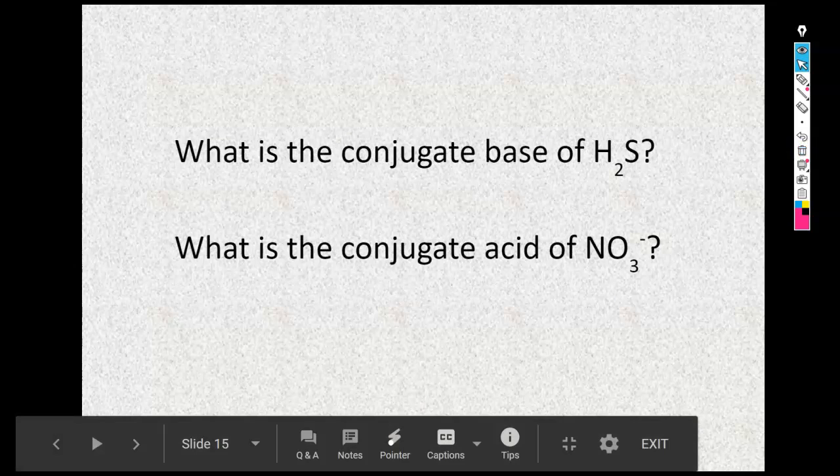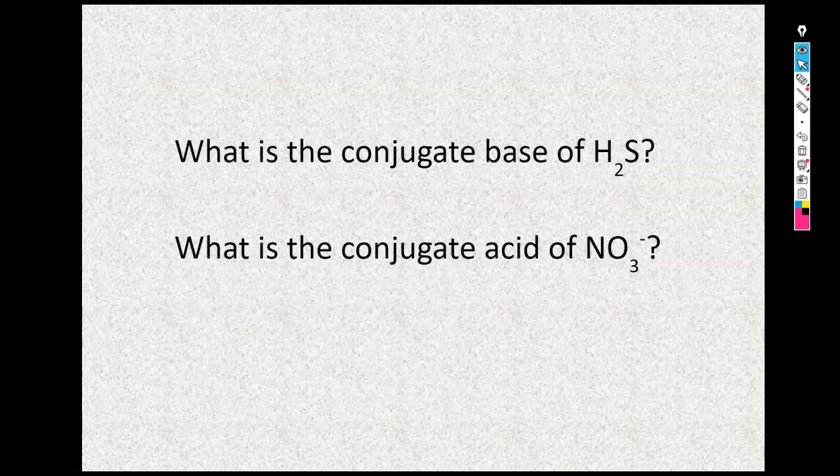Okay, so now we can ask it this way. What is the conjugate base of H2S? That means that we are making an assumption that this is the acid, because remember, the conjugate base is what's left over after it donates a hydrogen. So the conjugate base must be HS minus 1.